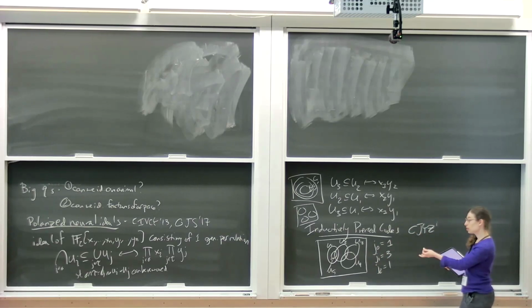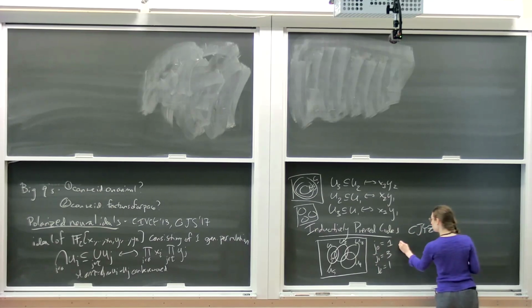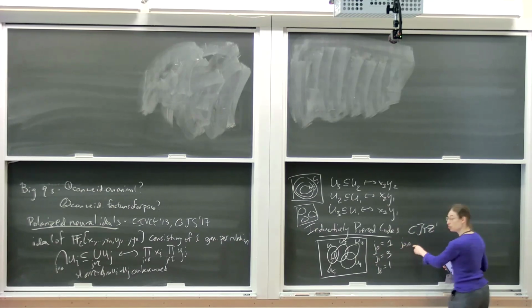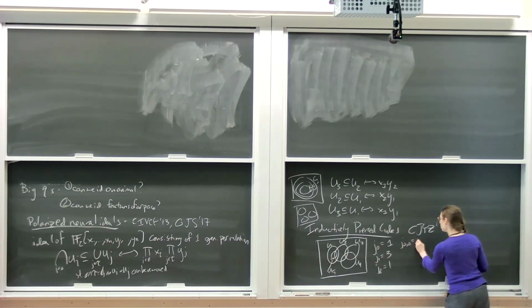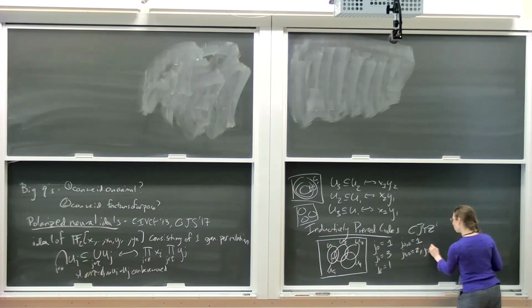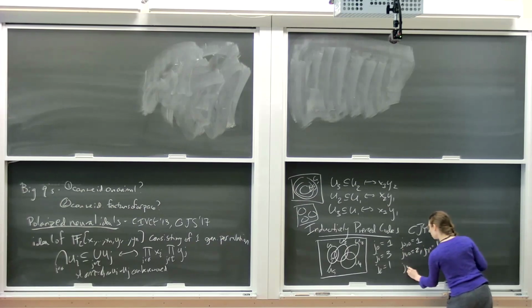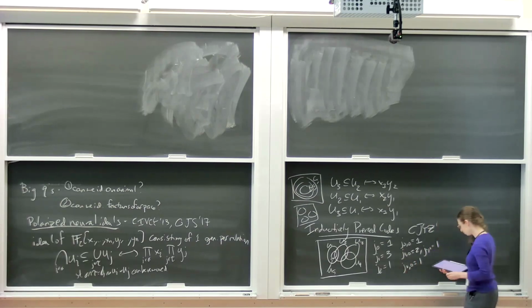If I wanted to really pay attention to the fact that the 5th firing field is not just a 1 piercing the same as the others, it's contained in something else, I can change this and start writing 2 indices, where the first one is what kind of piercing, and the second one is how many things you're contained in. If I do that, I'll get J00 is 1, J10 is 2, J11 is 1, and J20 is 1.